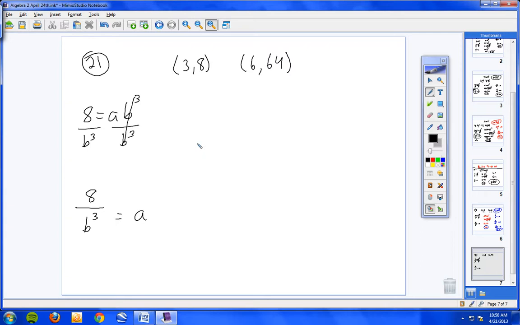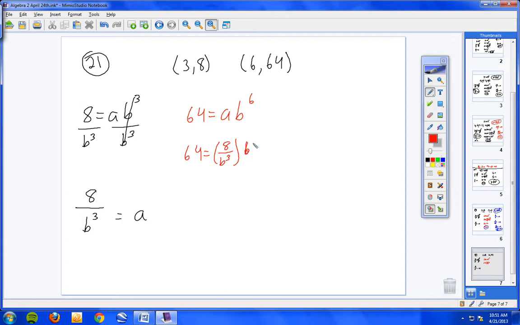All right. Now, step 2 then says to take your other ordered pair and substitute that in. So 64 equals ab to the 6th power. And then step 2 also says to take this right here and put that in for a right there. So 64 equals, then for a, I'm going to put 8 over b to the 3rd power times b to the 6th.